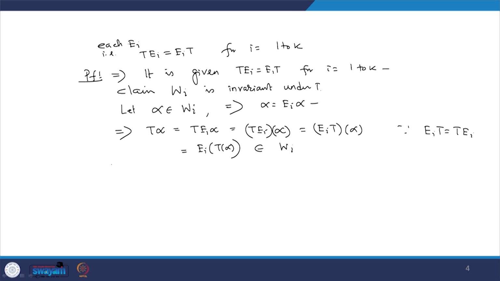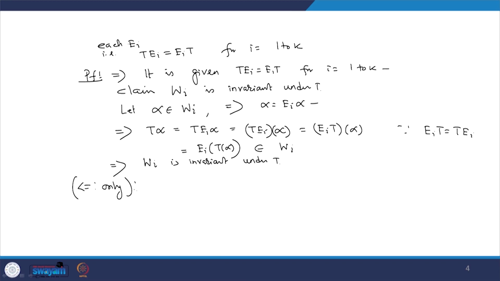So, this implies W_i is invariant under T. Let us prove the other way, that is the only if. The first was the if. So, now I am talking about the only if.